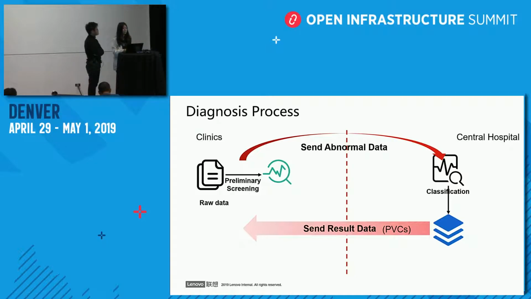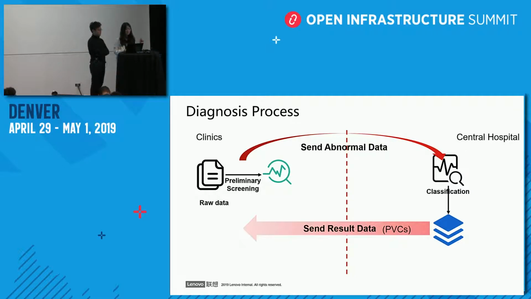By sending the abnormal data back to the cloud, we can do classification using the fine-grained deep learning models. The reason we are going through these two steps of disease diagnosis, for one thing, is to reduce the amount of data sending back to the cloud, and for another thing is that the edge may not have the great capacity for doing the fine-grained classifications.